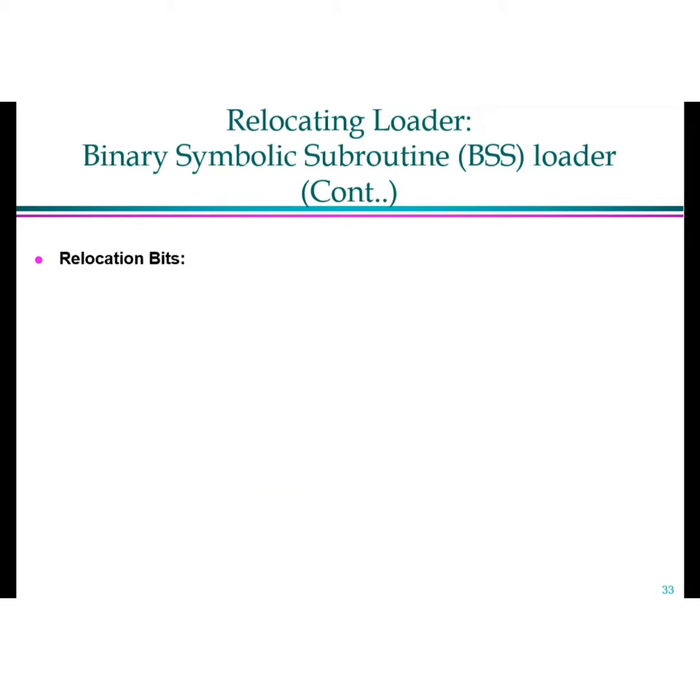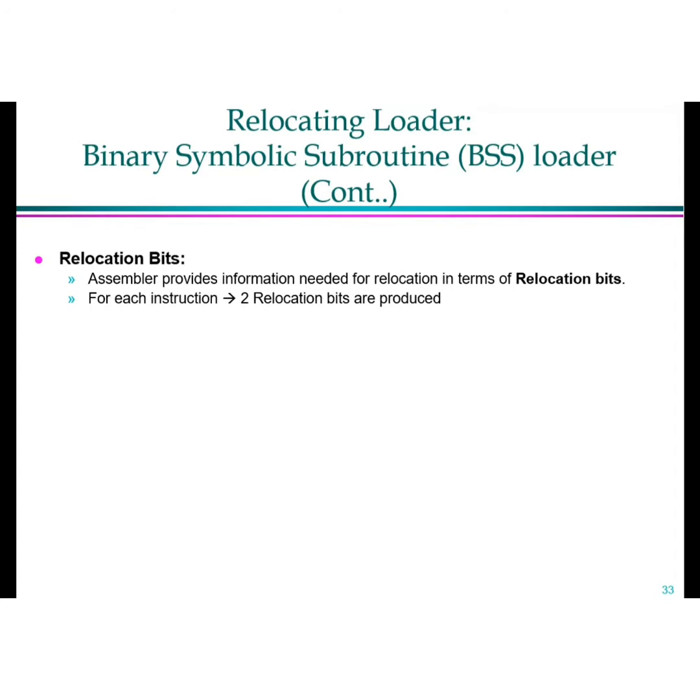And now let's understand how these relocation bits are distributed in an instruction. Your instruction is of 4 bytes. Out of these 4 bytes, where the relocation is expected, that info is given by 2 bits. So the assembler provides this information for each and every instruction. So we call them relocation bits.